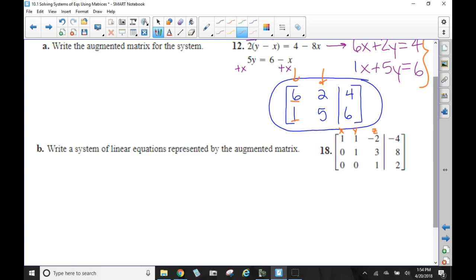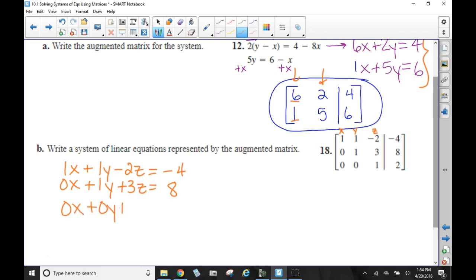So when we write this out, I'm going to have 1x for the first equation plus 1y minus 2z equals the first constant, -4. Then we've got 0x plus 1y plus 3z equals 8. And for the last row in the matrix, we would have 0x plus 0y plus z equals 2.